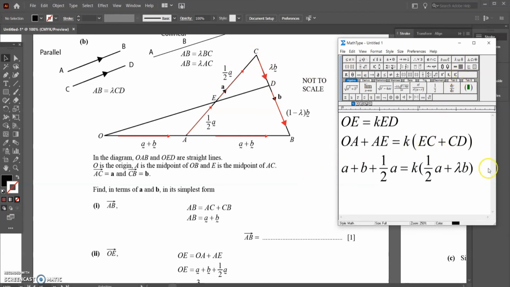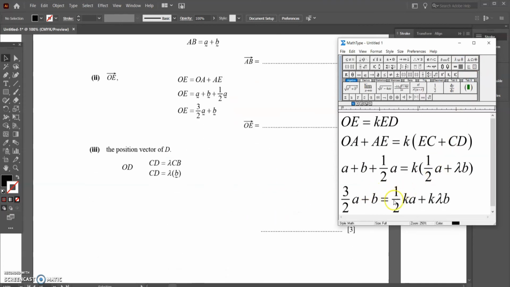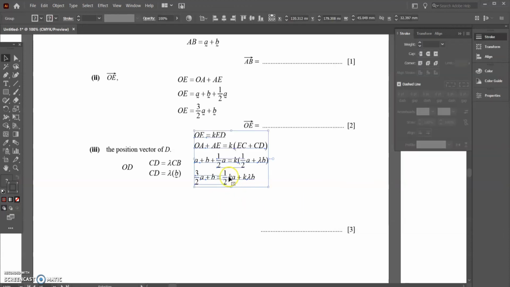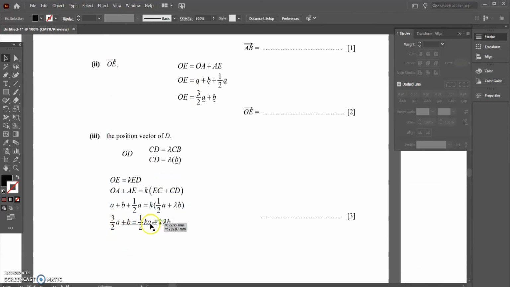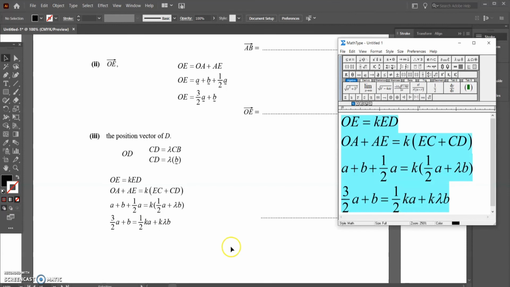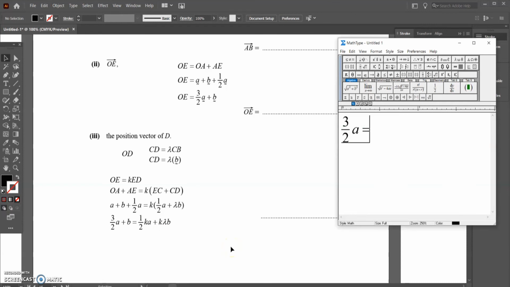Because left and right are the same, I'm going to simplify this part first. A plus 1 over 2A, I get 3 over 2A plus B. Equals, here I expand, I get 1 over 2 K A plus K lambda B. So now I can compare the A with the A. 3 over 2A is equal to 1 over 2 K A. The A and the A can cut off.